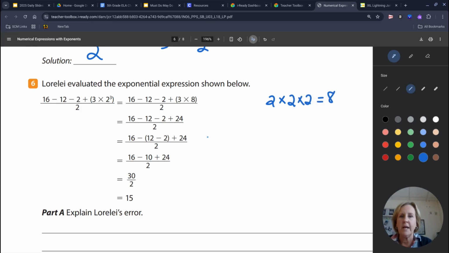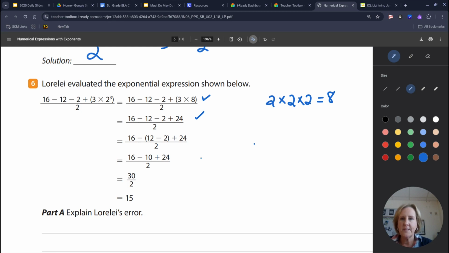All right, she did it right. That's correct. Check. All right, next, she did 16 minus 12 minus 2 plus 24 divided by 2. Check. That looks good. All right.